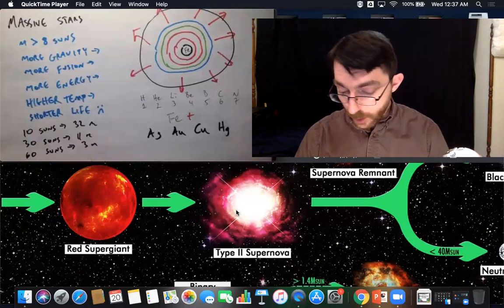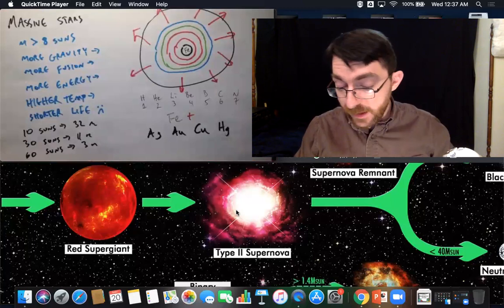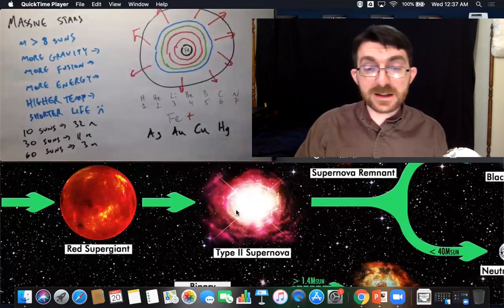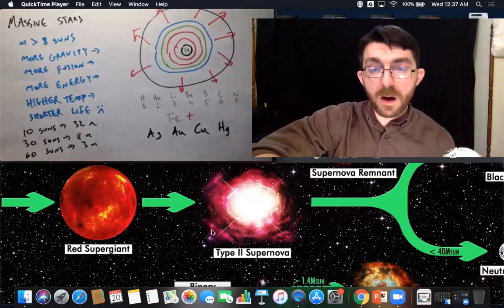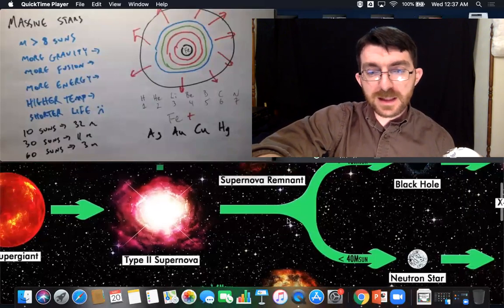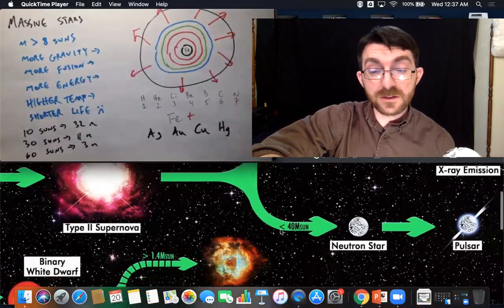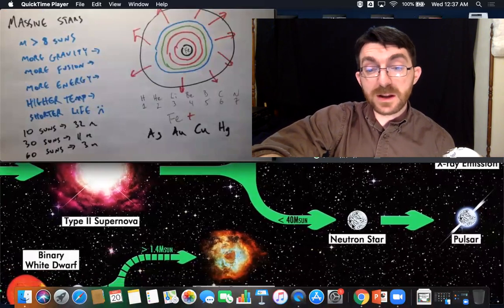A type 2 supernova is so furiously energetic. It is the brightest thing in its galaxy at the time. And there are a couple different paths for it to go. If it is less than 40 times the mass of the sun, the remnant is called a neutron star.